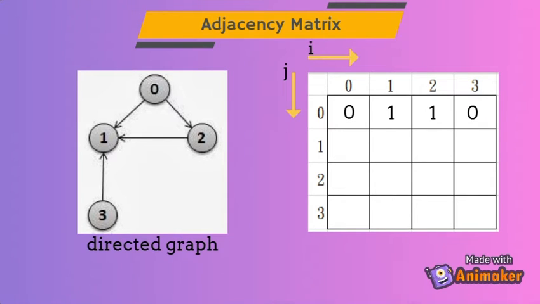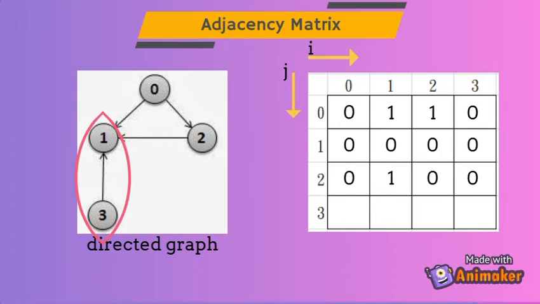There is no path from vertex 1 to any vertex, so they are 0. Then, a path from vertex 2 to vertex 1, so A21 is 1. Finally, a path from vertex 3 to vertex 1, so A31 is 1.